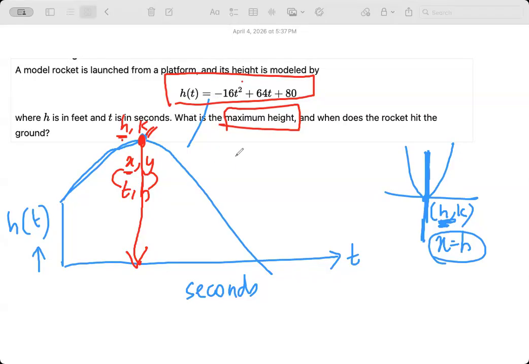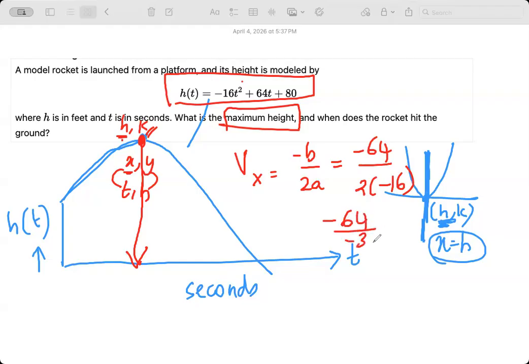Do you know? Vertex x coordinate is given by minus b by 2a. Minus 64 by 2 times minus 16. Minus 64 by minus 32. So, the x value of the vertex is 2 comma what? We don't know, right? So, plug that 2 into this equation.